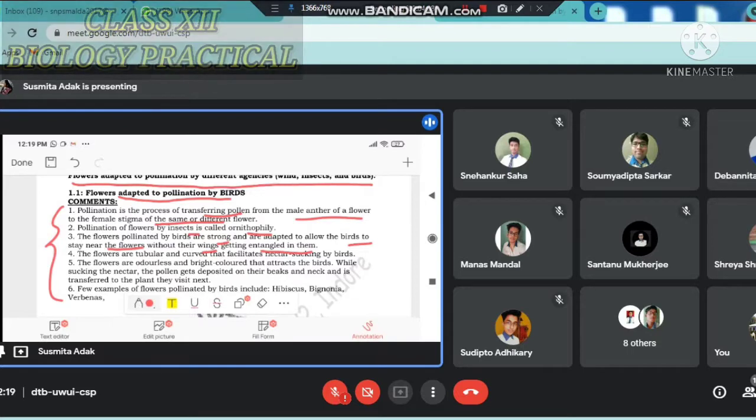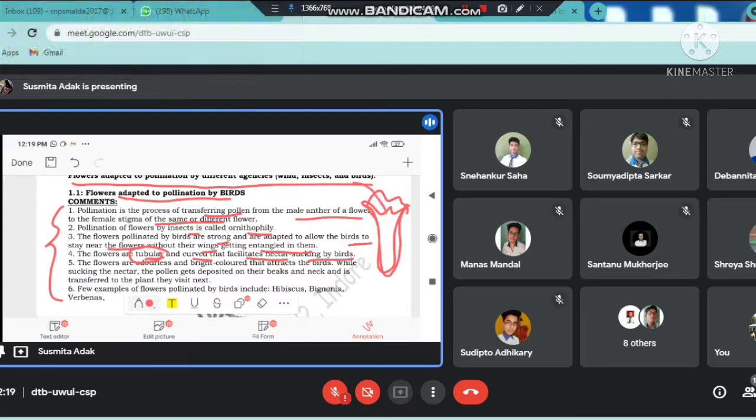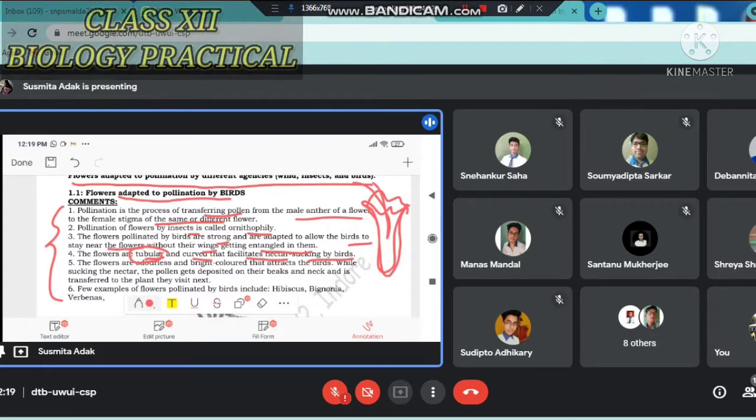The flowers are tubular and curved that facilitates nectar sucking by birds. Means the flower should be tubular, like this type. See, curvature is there that facilitates nectar sucking by birds. Means birds will come to that flower and they will suck nectar from inside the flower.